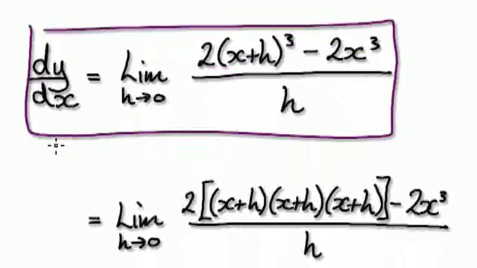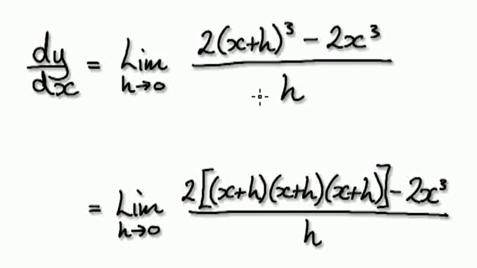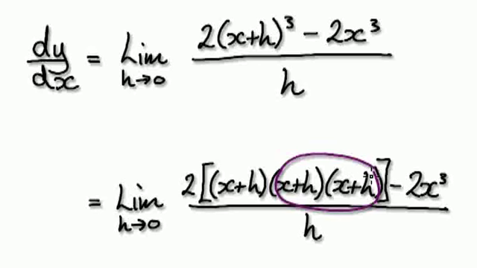Okay, and then from here, it's just a matter of using algebra. You've got to do this first, the cube of x plus h. When you cube it, think of it as this thing times by itself 3 times. So now merge these two together.